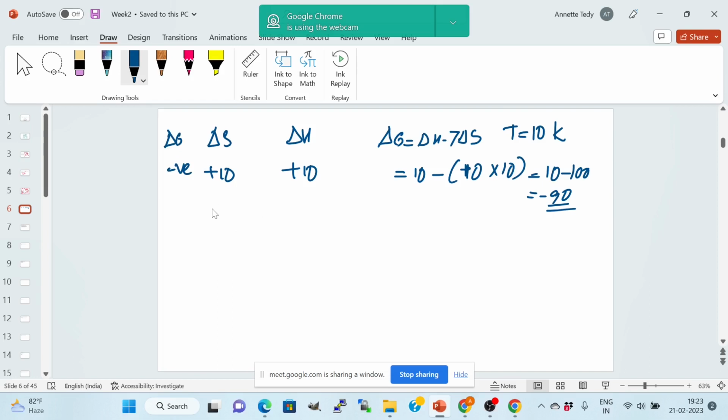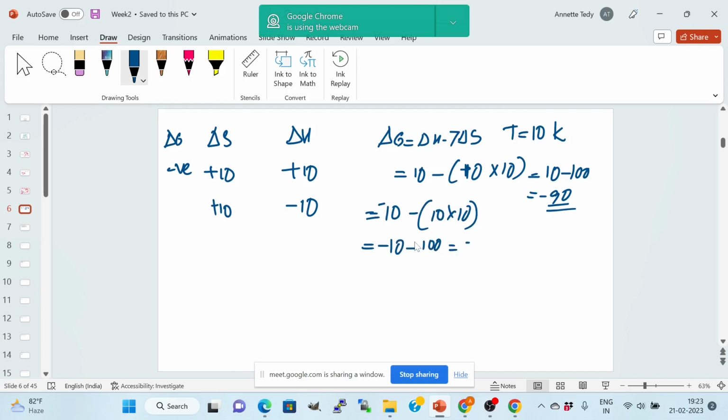Okay. So my delta S is still 10. My delta H is minus 10. And in that case, minus 10 minus 10 into 10. This will be minus 10 minus 100.